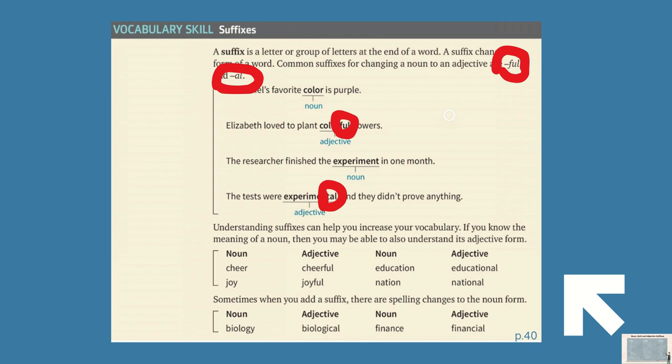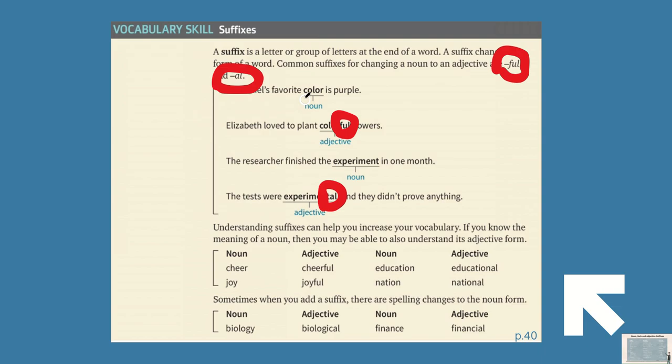All right. So these are suffixes ending with FUL and AL. You know what the function of a suffix is? The function of a suffix is to change the part of speech and also give the meaning of the base word as well.